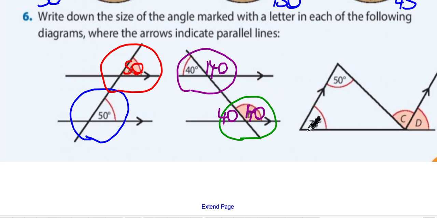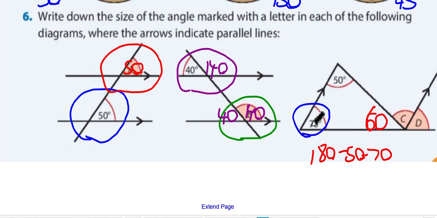Now this last one. Okay. This last one is reasonably easy. Would everybody see this black angle here and this red angle add up to 180? 180 take away 50, take away 70, gives me 60 for here. Now the other thing is this 70-degree angle is the same as this one here because they're both parallel lines.